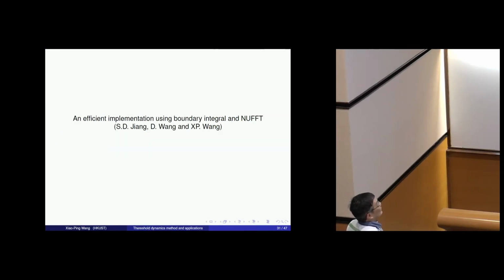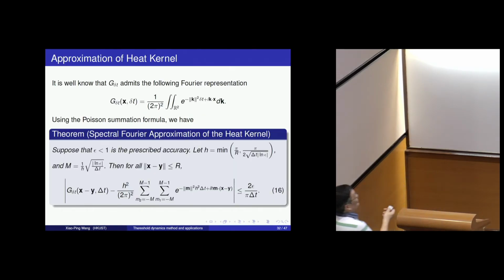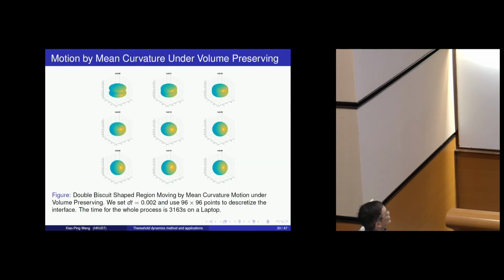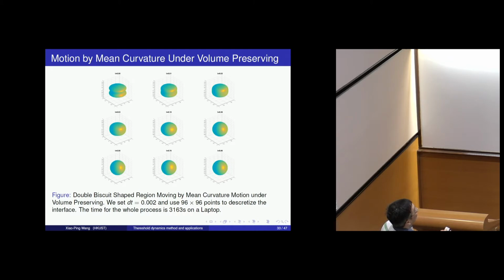So I mentioned that we have a boundary integral formulation implementation of this threshold dynamics method, and this is based on this spectral approximation of the heat kernel, and then with non-uniform FFT, and so on. So in this case, even for a 3D problem, using this non-uniform FFT, this is an initial surface, and then eventually it turns into a spherical surface.